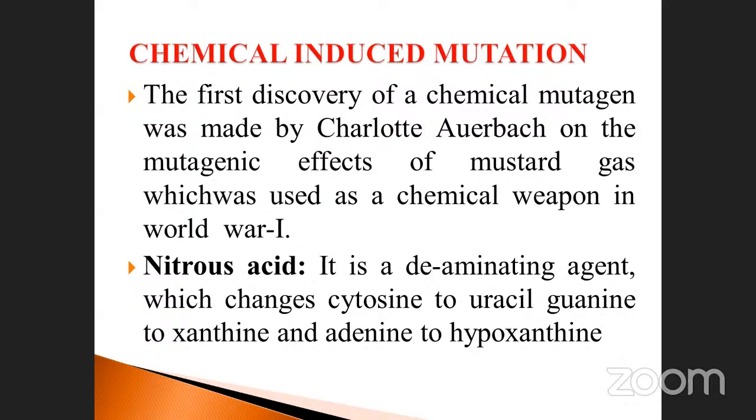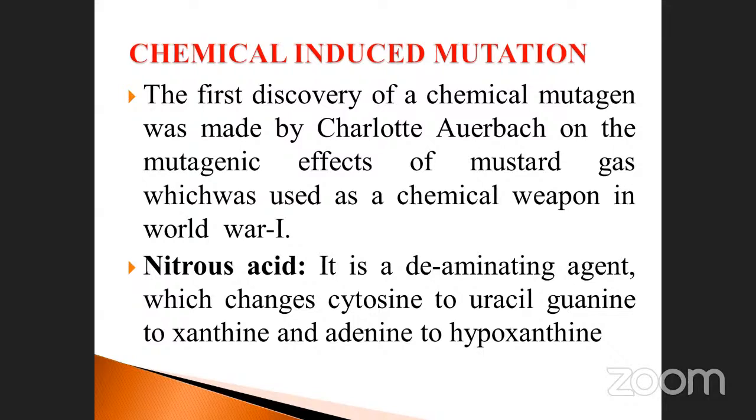It is nothing but a bio war, like that. So what chemicals were used in the First World War, and what chemical substances can induce mutation? That we are going to discuss here.